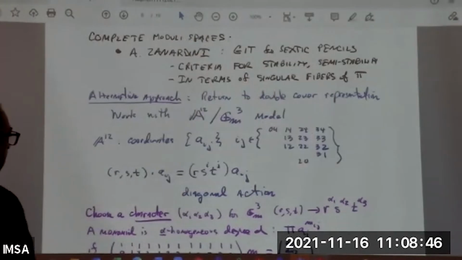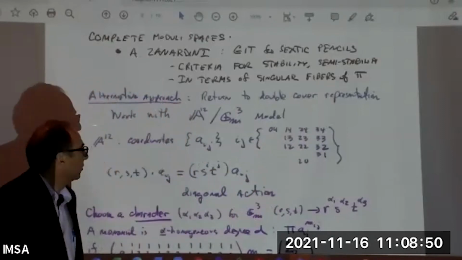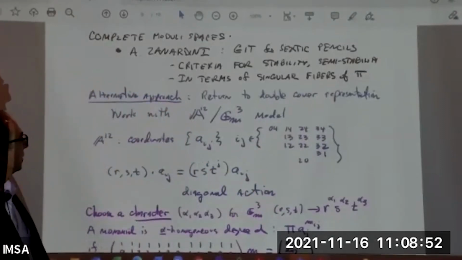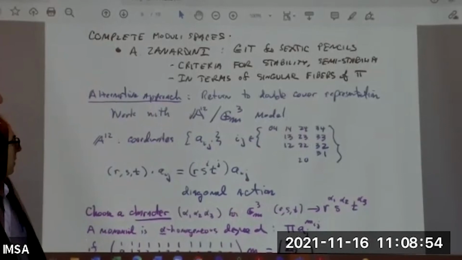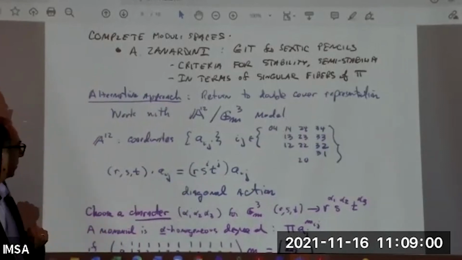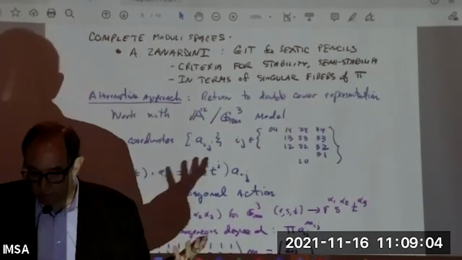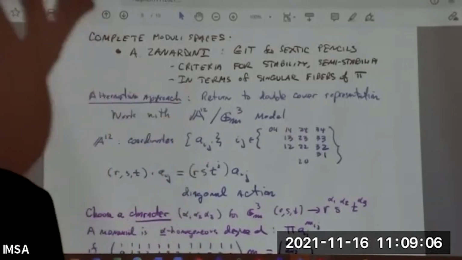We just take this set of 12 coefficients, which are arranged in the matrix that occurs naturally by degree perspective, apply the Gm cubed action, which is diagonal, and ask what is the quotient of A12 modulo Gm cubed here.